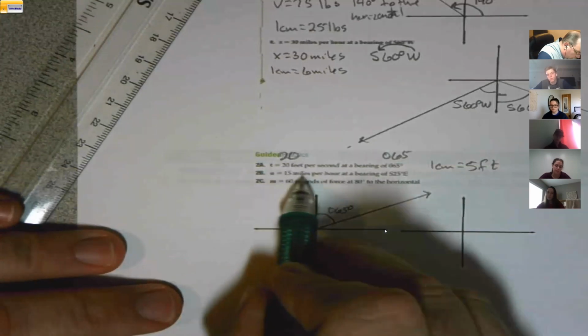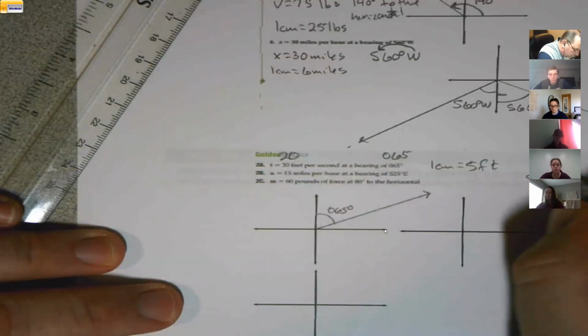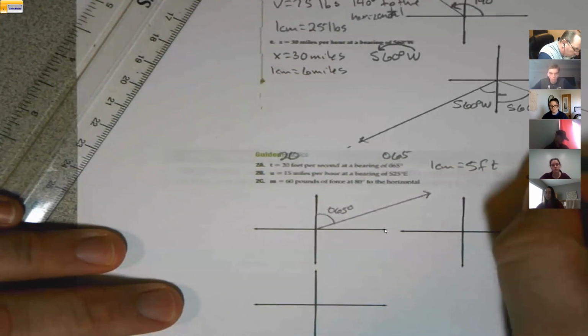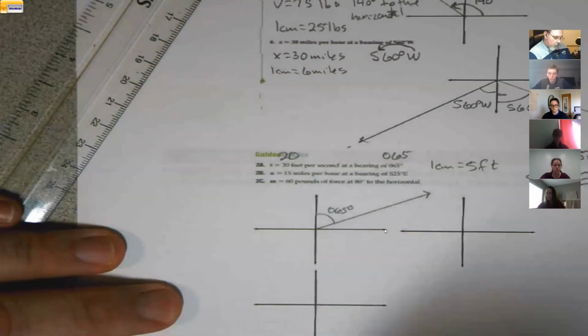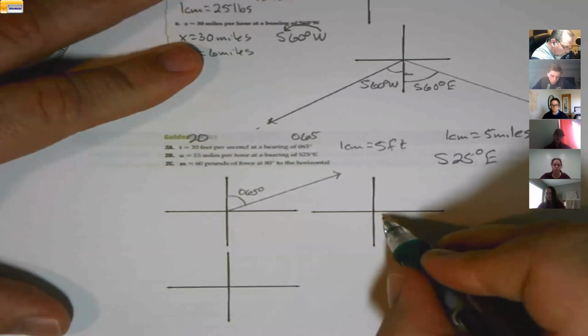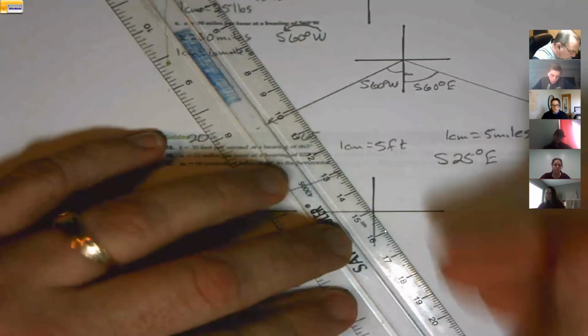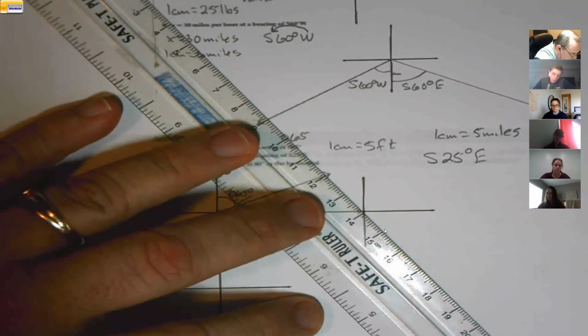15 miles per hour at a bearing of south 25 degrees east is what it says. So 1 centimeter is equal to 5 miles, let's say. So 25 degrees, let's see if I can put it on the correct side this time. I got to draw it 3 centimeters at 25 degrees.